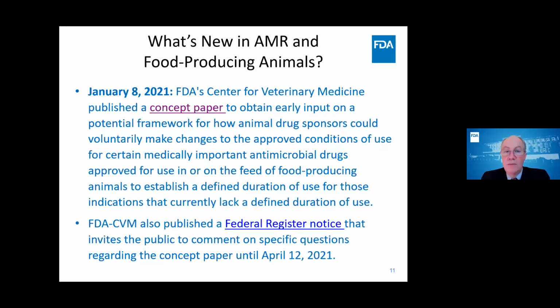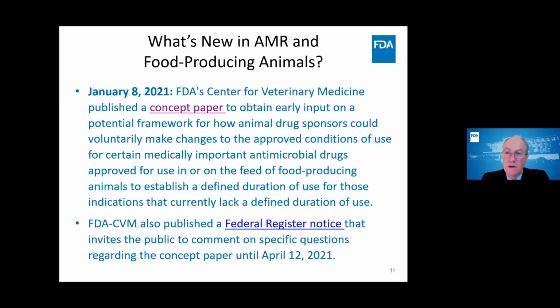In January, we published a concept. So we developed these concept papers and put them out so that we can get early input on different frameworks. So one of the other things that we've been working on are those products that are approved that still need a defined duration of use.